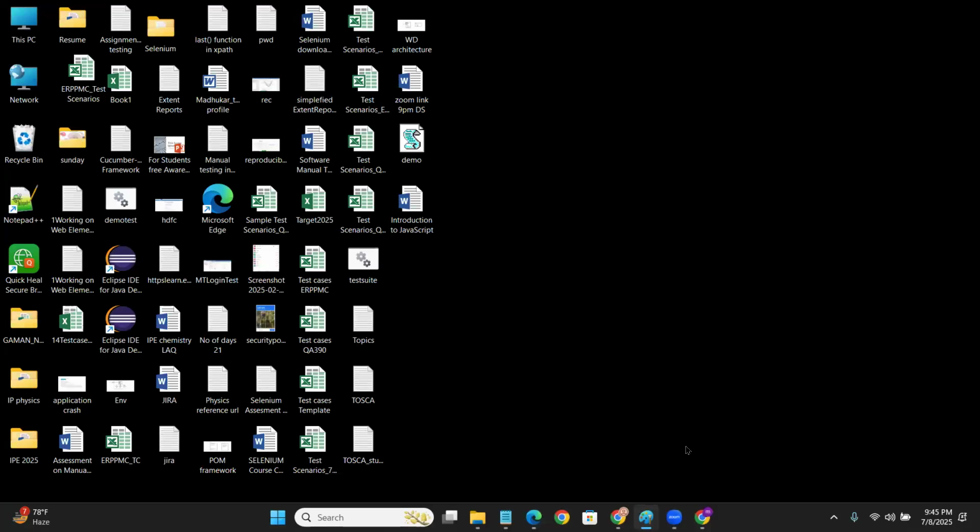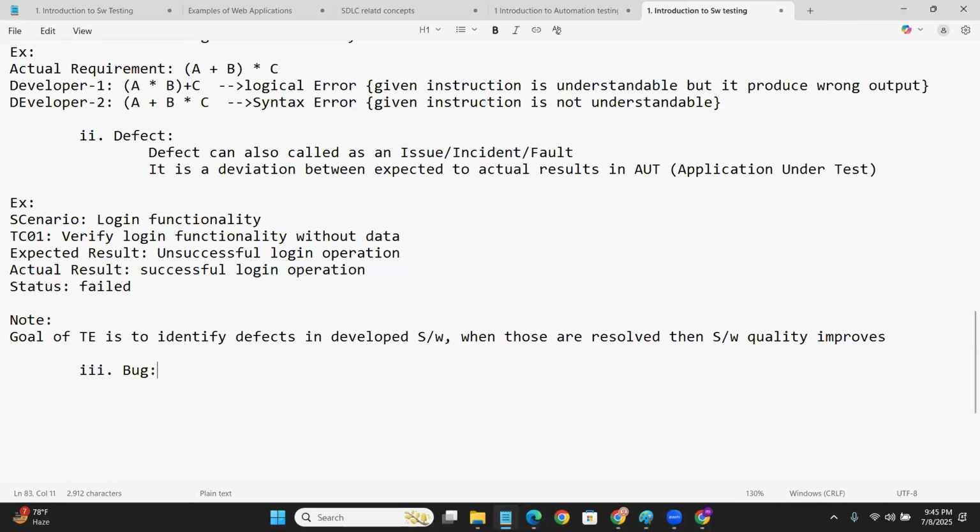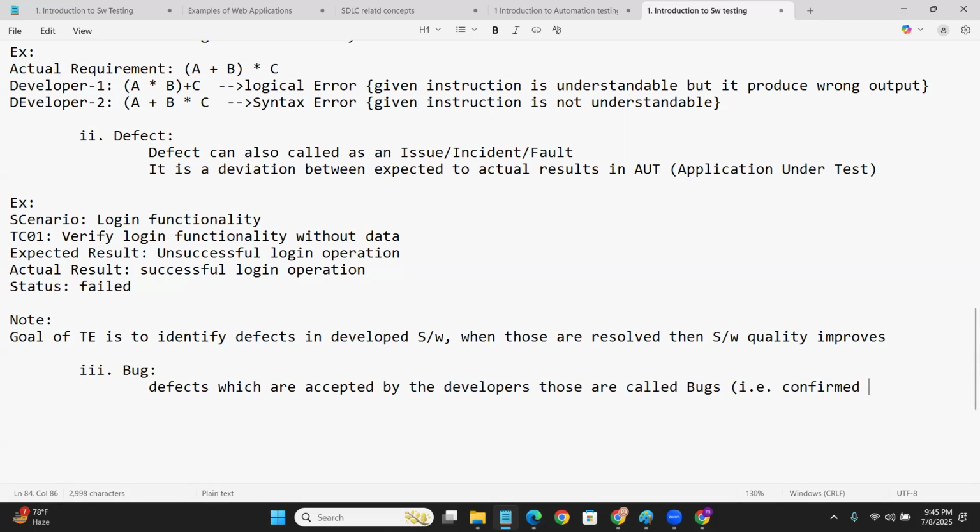Understand here, what is the meaning of bug? Defects which are accepted by the developers, those are called bugs. That means confirmed defects.